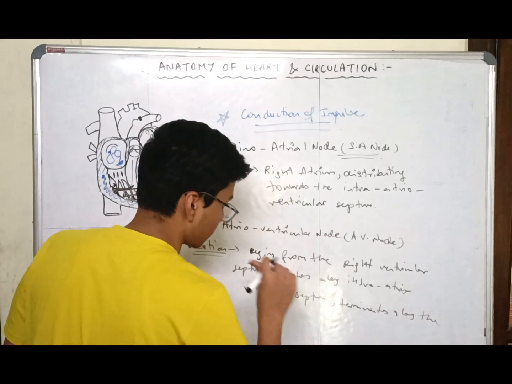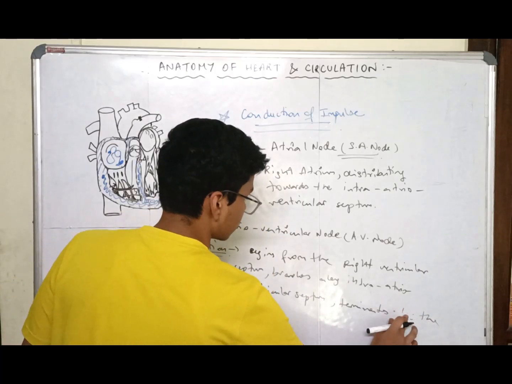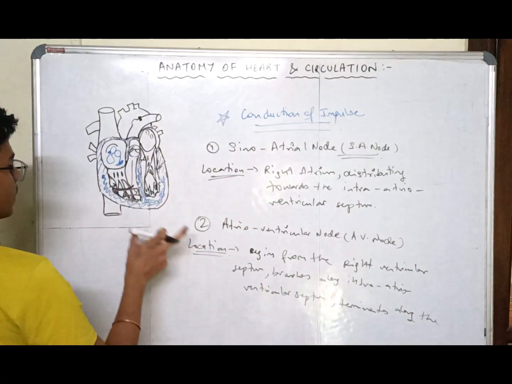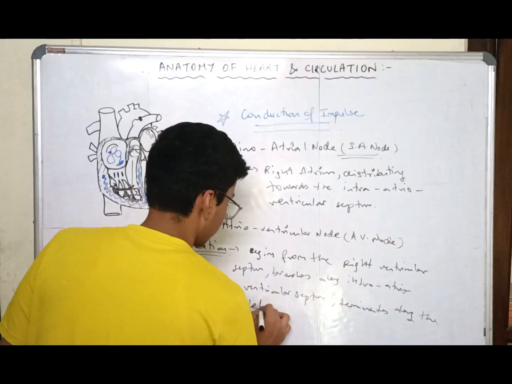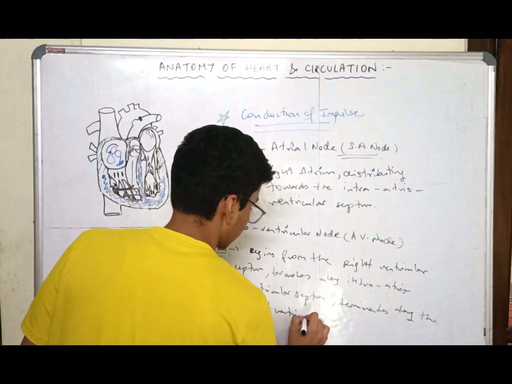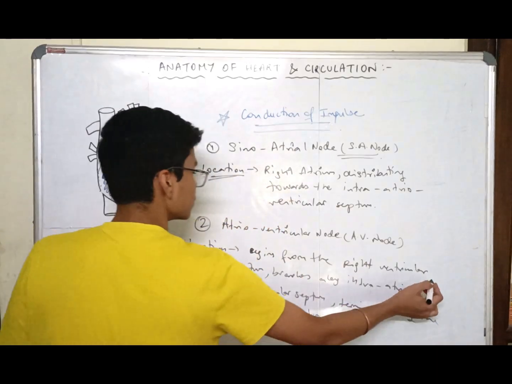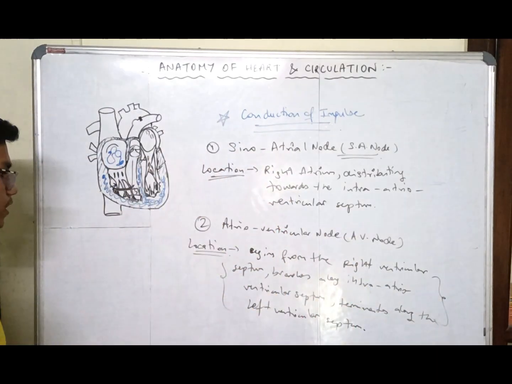Just don't mind my handwriting, but this is for your rough understanding. This is the rough location of the atrioventricular node.